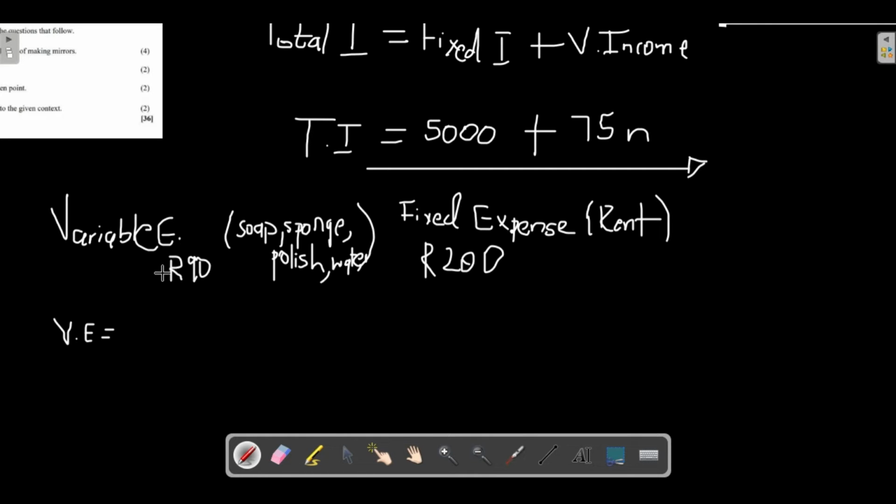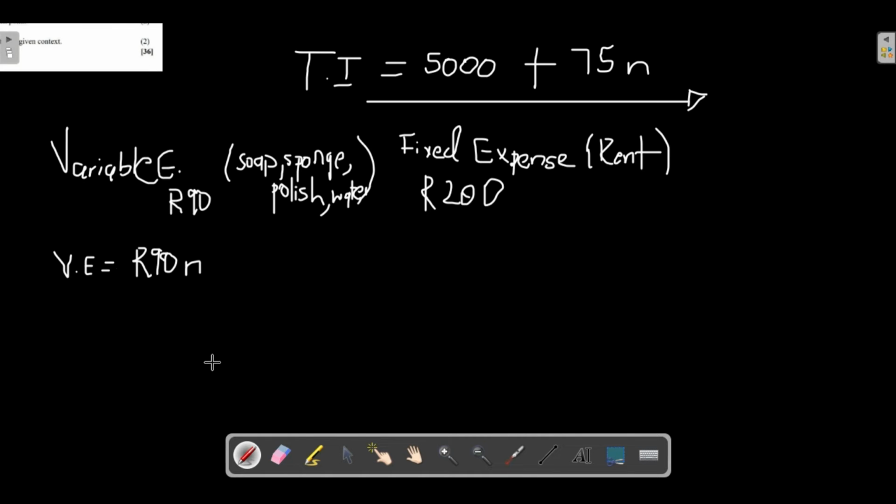So you'll take the unit cost, guys. That means the amount of money that it costs you to wash one car in this case, which is 90 rands, and then you multiply that 90 rands by the number of cars, which is n. So the equation will be 90n.